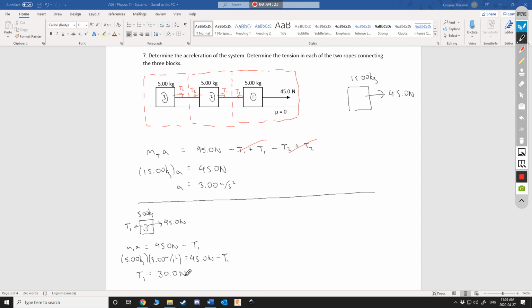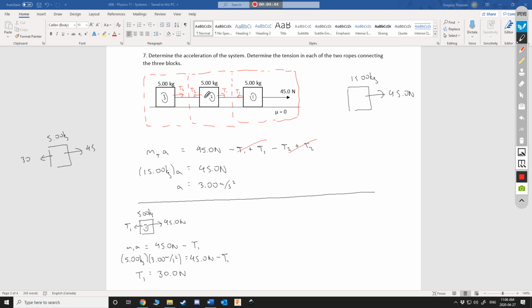That's equal to 30 newtons. Okay. So pulling these 2 5 kilogram blocks with an acceleration of 3 meters per second squared is the same as if you're saying like some type of tug of war when one person's pulling 45, another person's pulling 30 for this 5 kilogram object. It's going to accelerate at 3 meters per second squared.